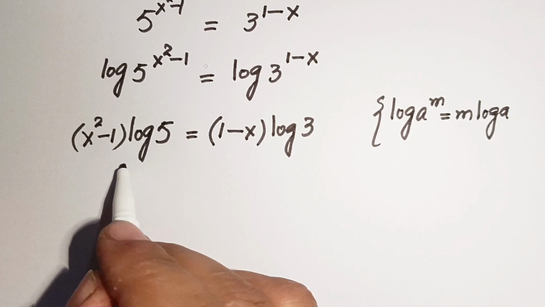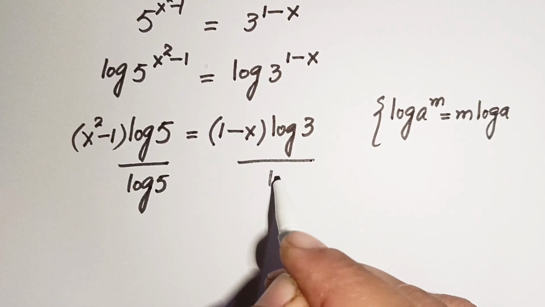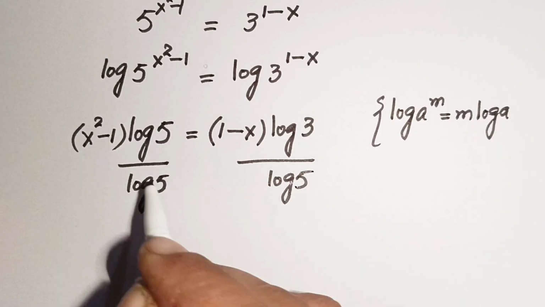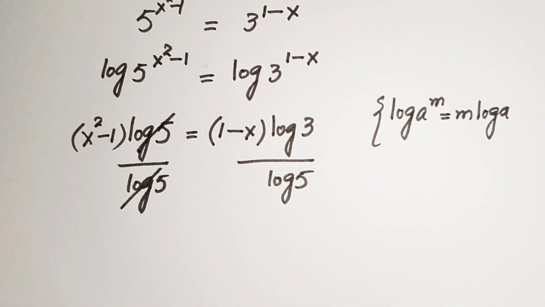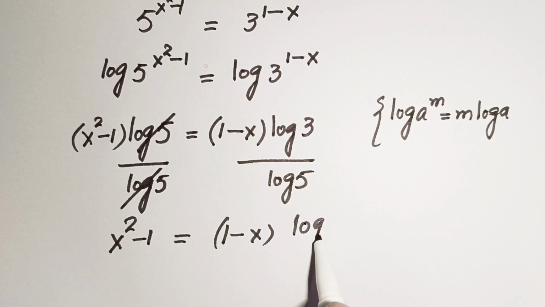If we divide both sides by log 5, then log 5 is cancelled out on our left hand side, so we have x squared minus 1 is equal to 1 minus x times log 3 over log 5.